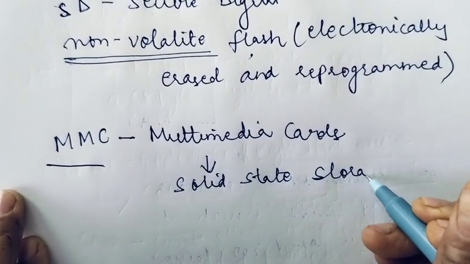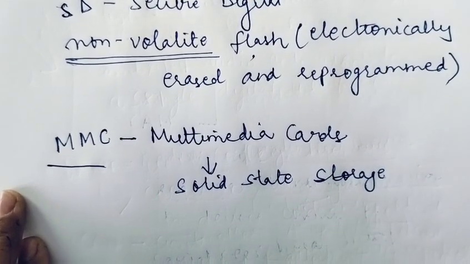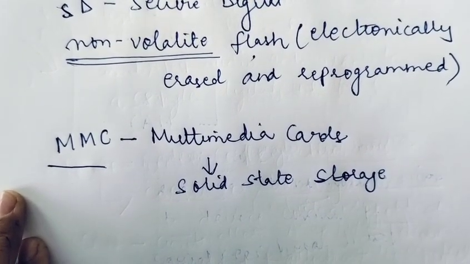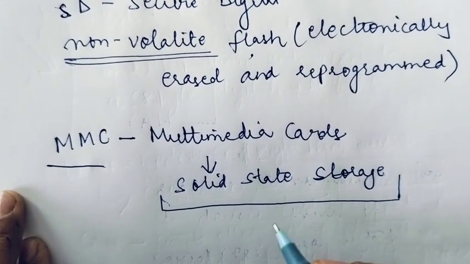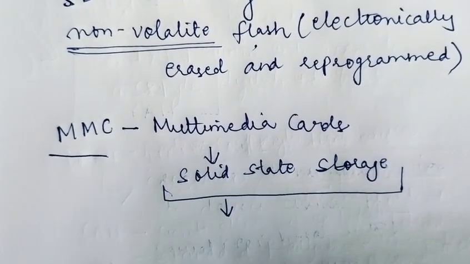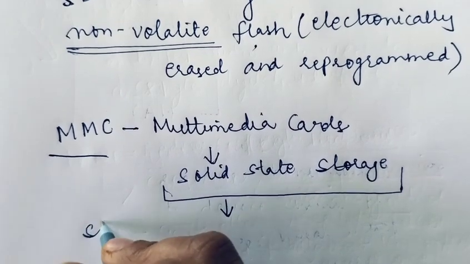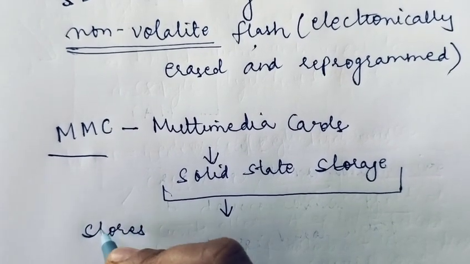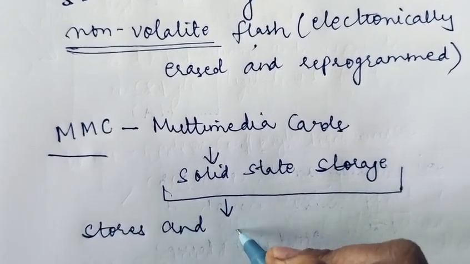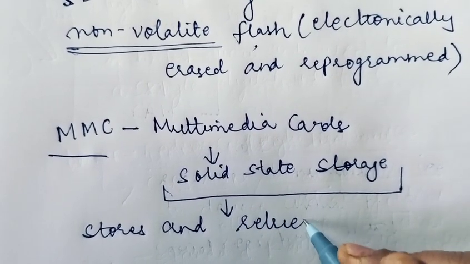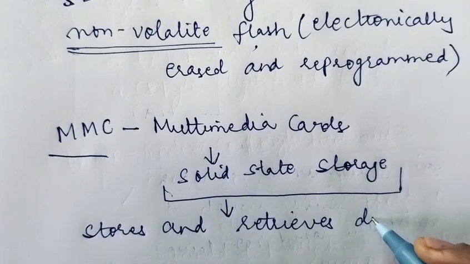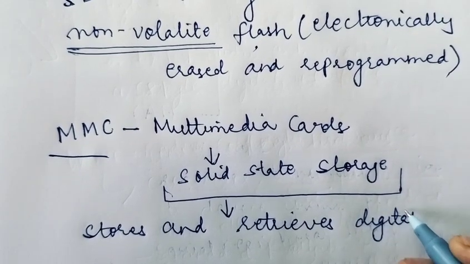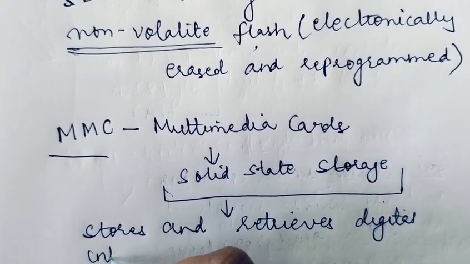When you want solid state storage, then you can use the multimedia cards. Now what is solid state storage? That means such kind of a storage that stores and retrieves digital information.